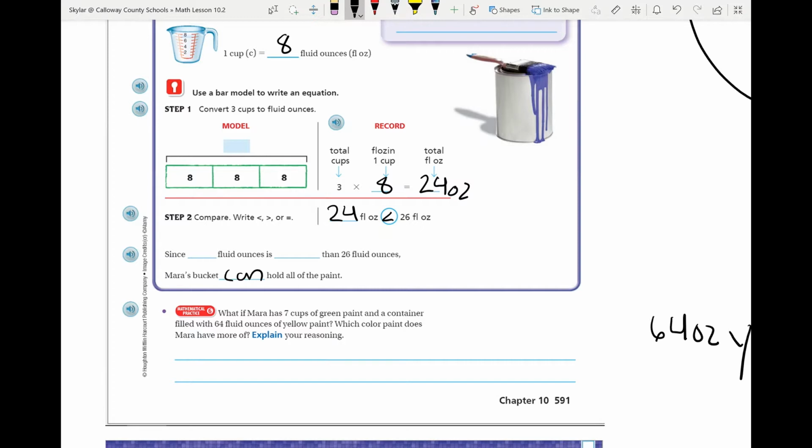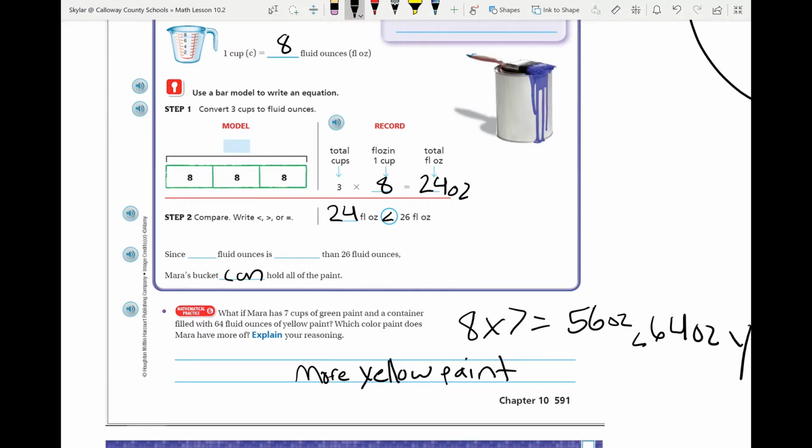And again, there's 8 ounces in a cup. So 8 times however many cups we have, 7 in this case, 56 ounces. So 64 is obviously bigger than 56, so we are going to say more yellow paint.